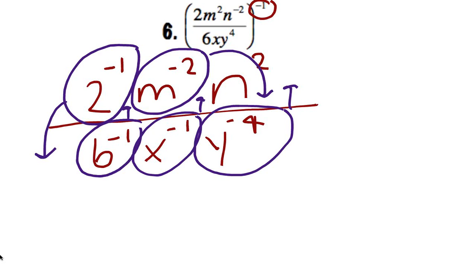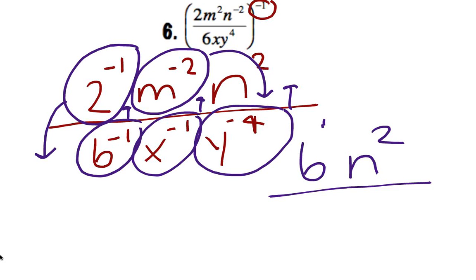So, to take the reciprocal of this, I'm going to flip, again, anything that's being raised to a negative exponent. So right now, it only looks like n squared is going to stay in the numerator. Everything else needs to shift. So in the numerator, I'm going to bring up 6 to the power of 1. That's now going to become positive.